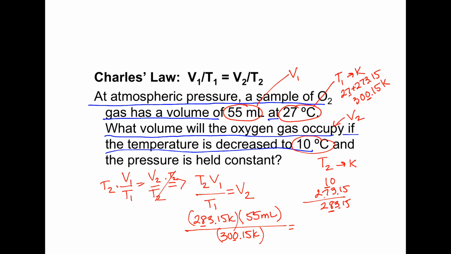When I put that into my calculator, I got 51.88 milliliters because the kelvins cancel out. And for sig figs, let's see, this had 2, this had 2, this had 3. I'm going to do it to 2 sig figs. That would be 52 milliliters. So that's a little practice with Charles' law, which is the relationship between volume and temperature.